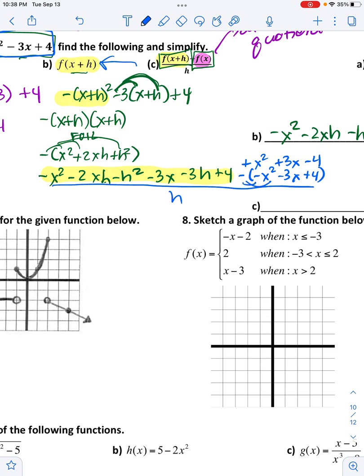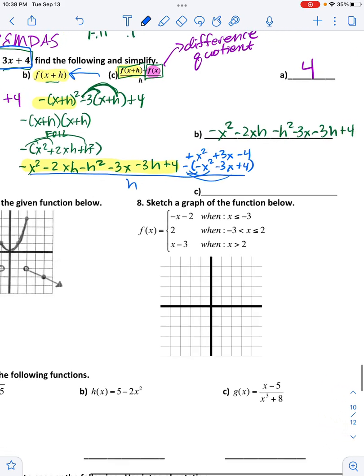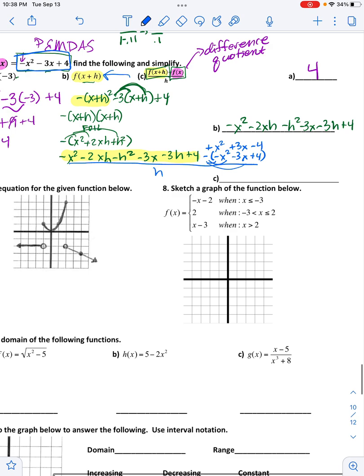All right. That's just from distributing. This is the time where everything should cancel except for terms that have h. So I'm going to look at the terms that I've got now and see what's going on. My first term out here is a negative x squared. It does not have an h, so I'm super happy to have a positive x squared later in my work that cancels out. The next term's a negative 2xh, so that's okay. Minus h squared, that's okay because it has an h.